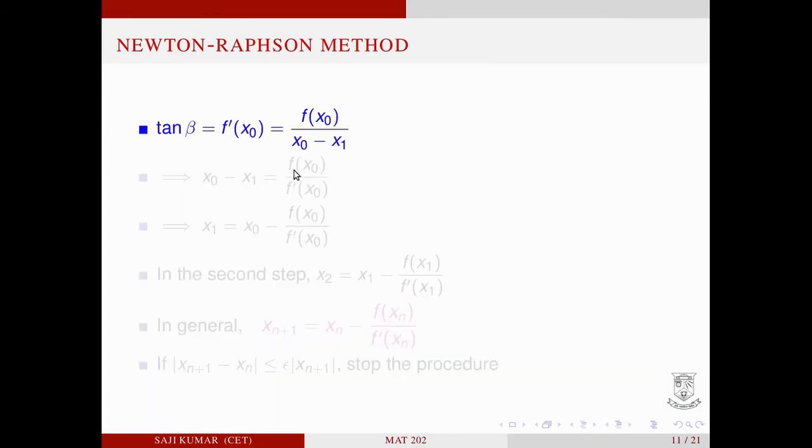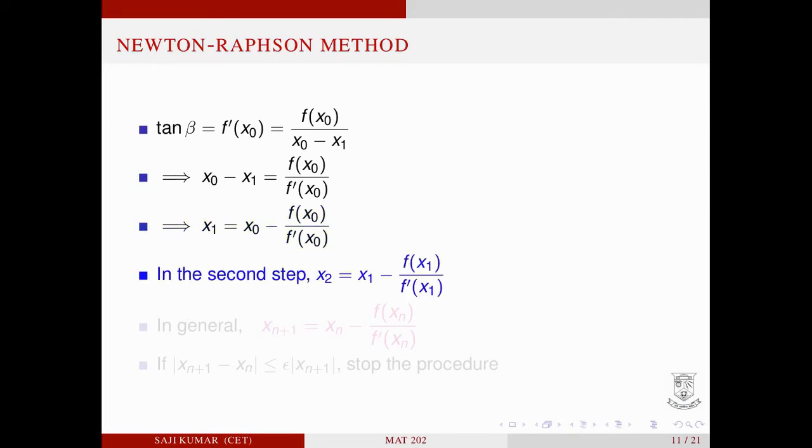That is, tan beta is equal to f'(x0), which we can also obtain as a quotient from the tan beta formula, f(x0) by (x0 minus x1). Cross multiplying we get x0 minus x1 is equal to f(x0) by f'(x0), or x1 is equal to x0 minus f(x0) by f'(x0). So this number x1 is taken as the first approximation to the root in the Newton-Raphson method.